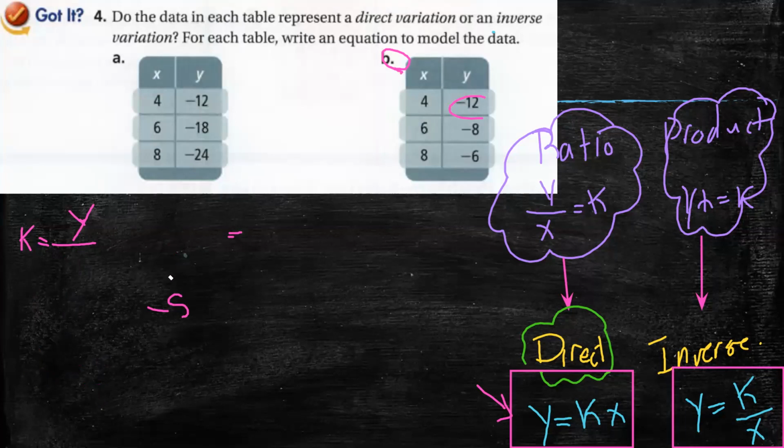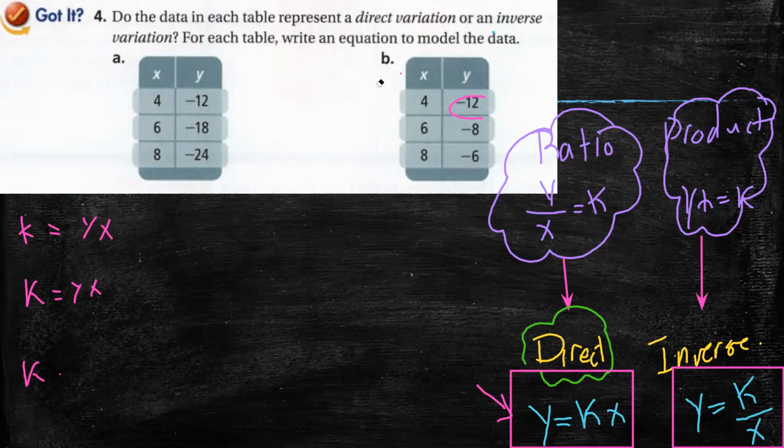Here you told me that it is inverse, so the product is constant. So k is y times x. Now, negative 12 times 4 is negative 48.